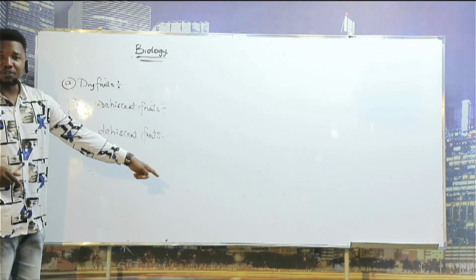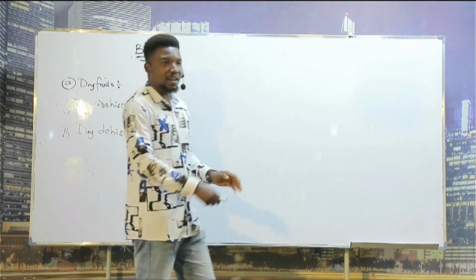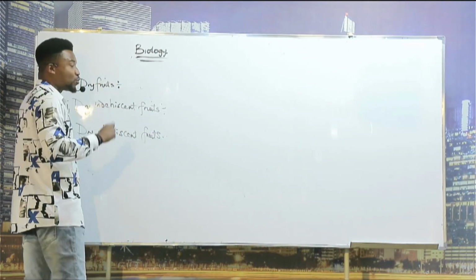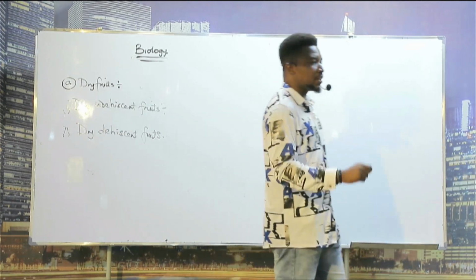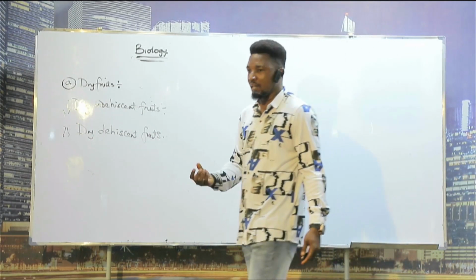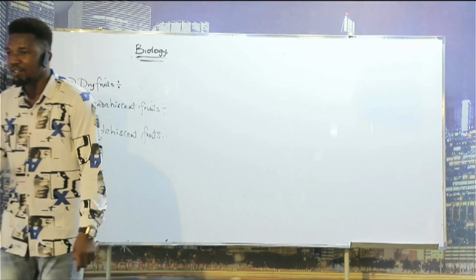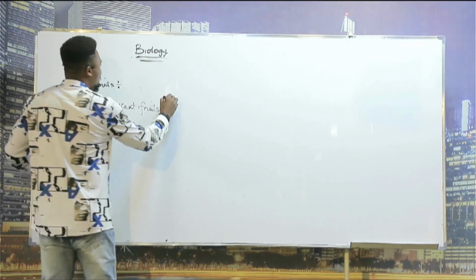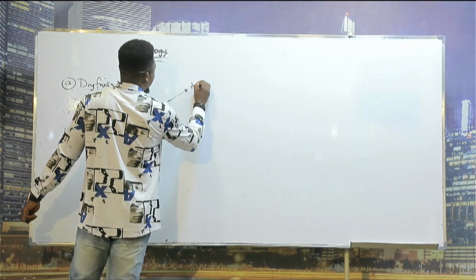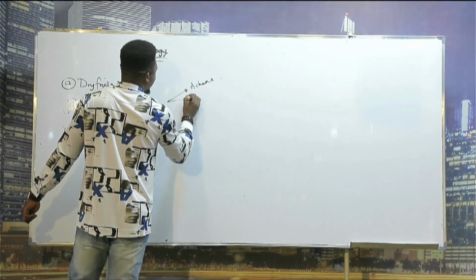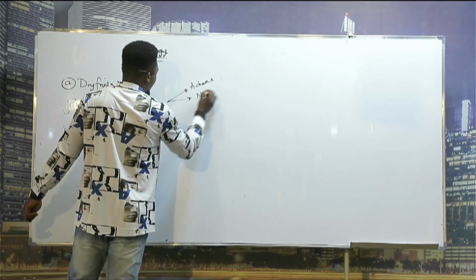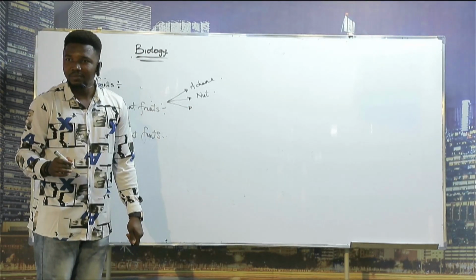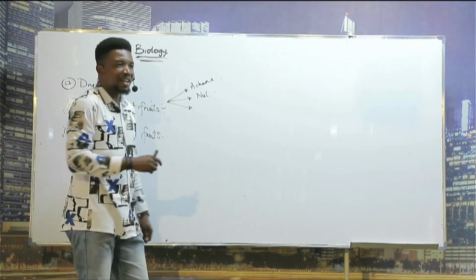So where did we stop? Dry. Have we written anything on this dry? No, right? Like I said, the dry indehiscent fruit is a type of dry fruit that does not split its body to release what? Seeds after maturity, right? Now we already know the dry indehiscent fruits. What are examples? We have the achene, right? What is the next one? Nut. After nut, what do we have?